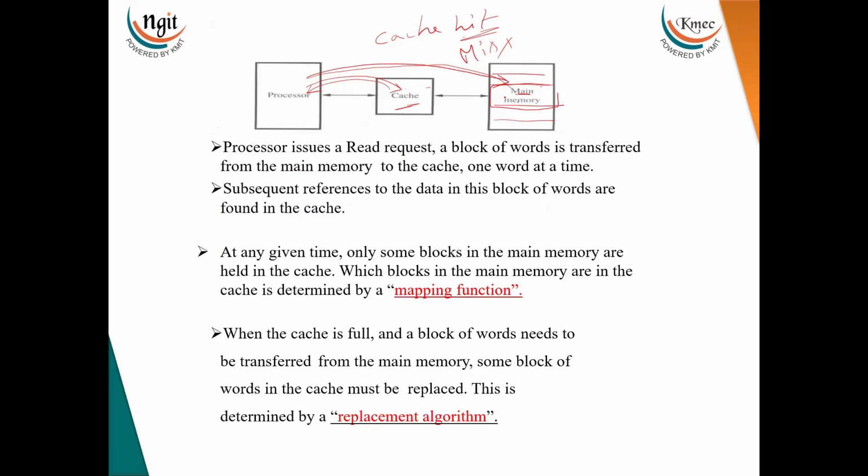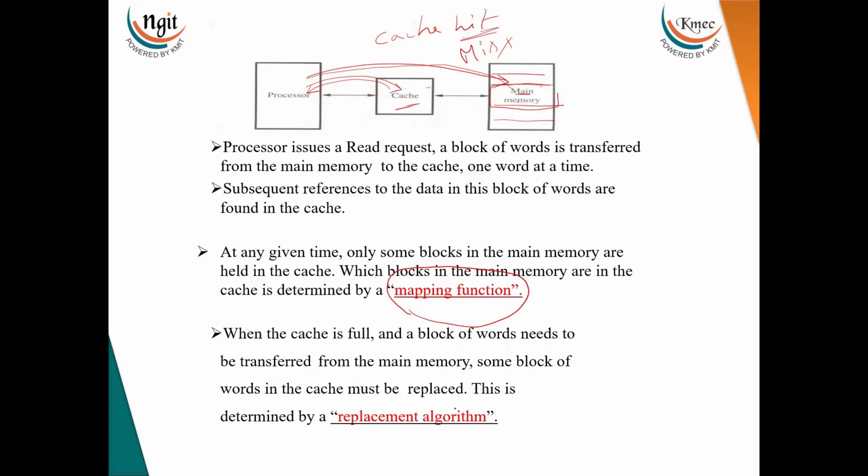Copying this block of instructions into the cache is called the mapping function. Loading, copying or moving the block into the cache is the mapping function. When the cache is full and a block of words needs to be transferred from the main memory, some blocks of words in the cache must be replaced.